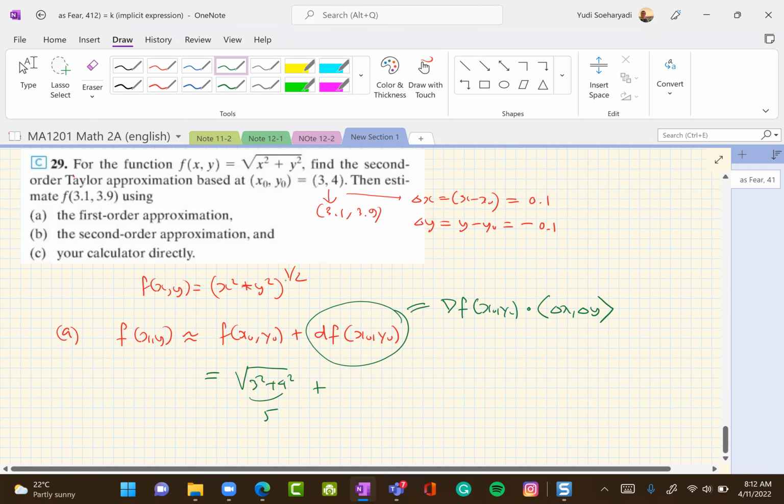So the power reduced by 1, negative 1/2, derivative with respect to x, so you have 2x over the same square root, dot what you have there.